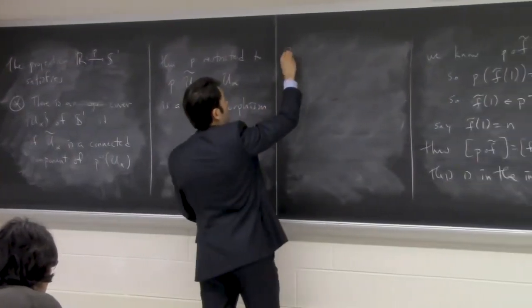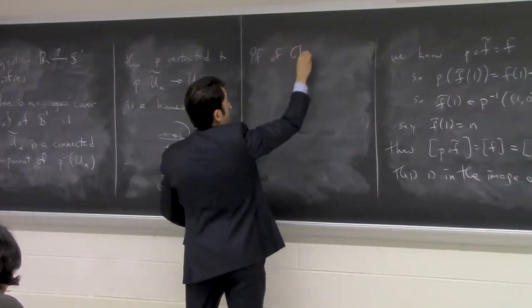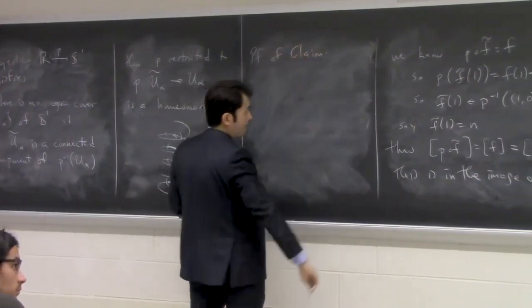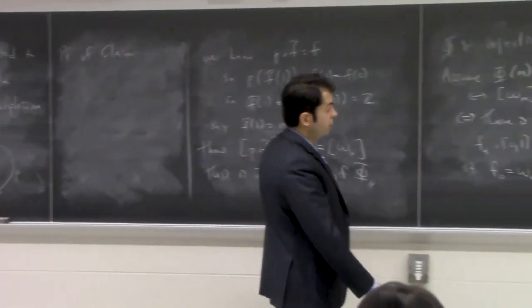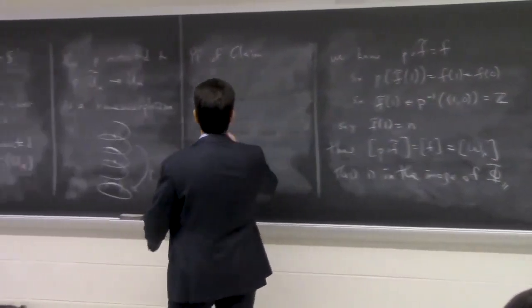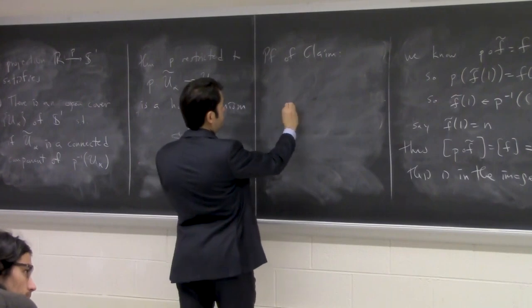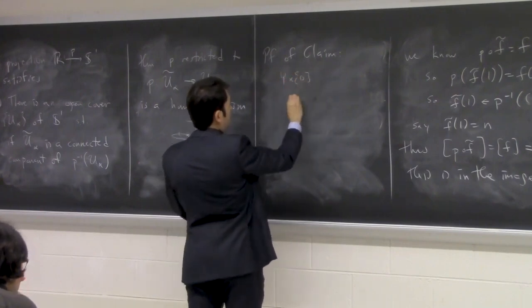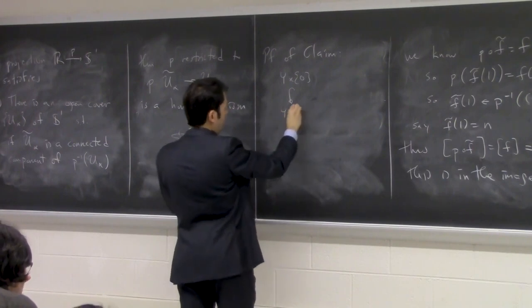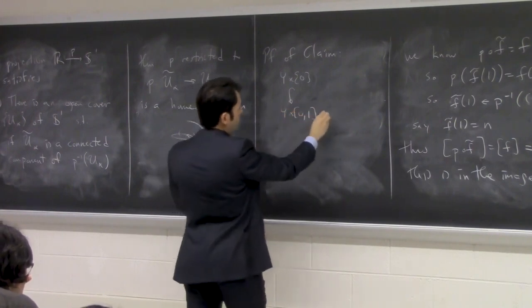All right, so proof of claim. OK, so we have y cross 0, and it's sitting inside y cross 0, 1.